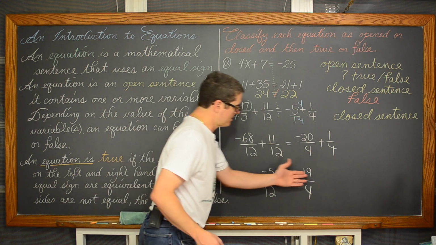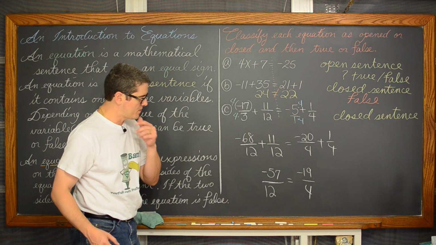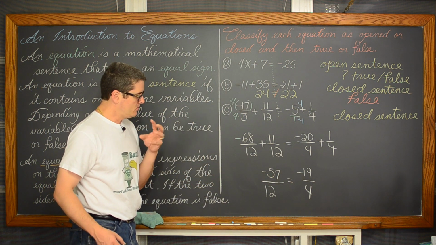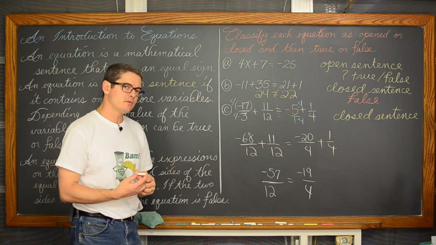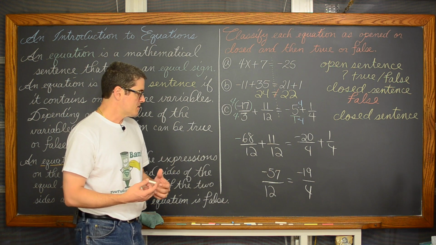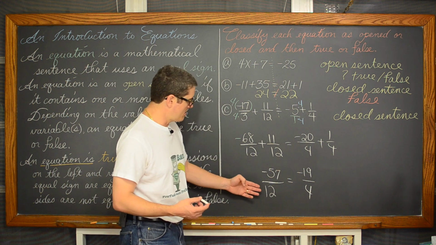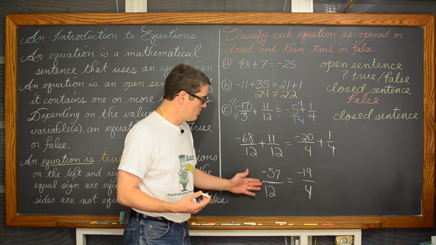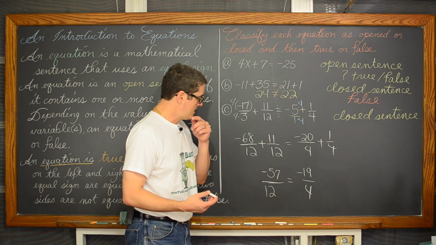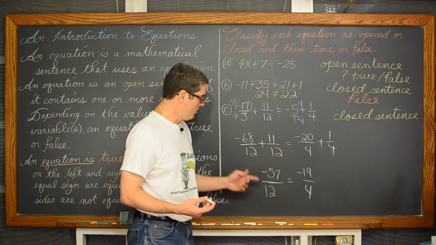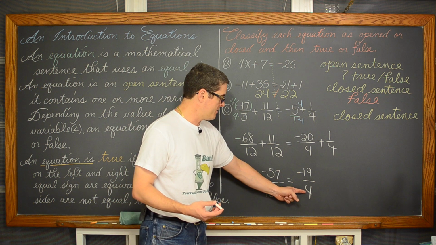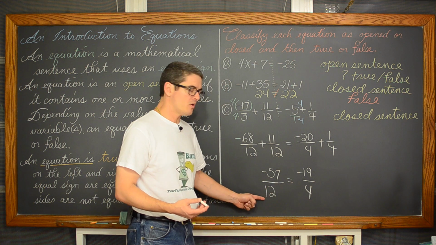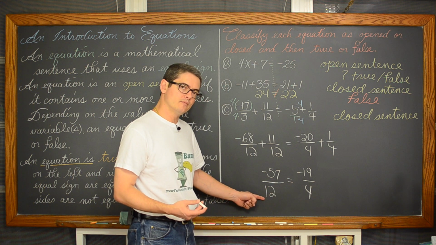If you're going to look at fractions and tell whether they're equal or not, you can't really do that until the denominators are equal. So, this is reducible. And if you can see what it is reducible by, then you can do that. Or you can see that if I take 4 and multiply it by 3, I can get 12.